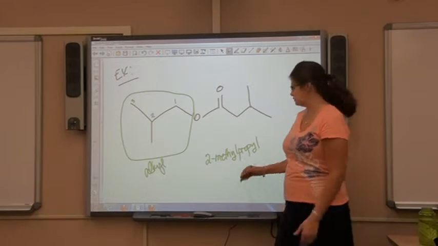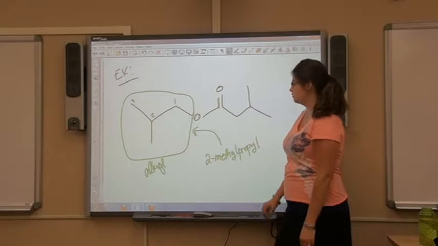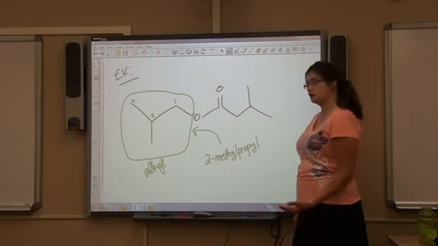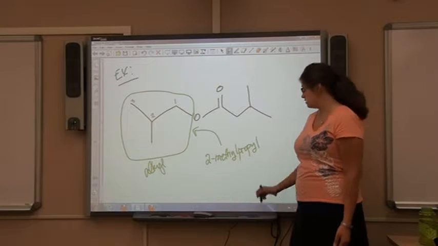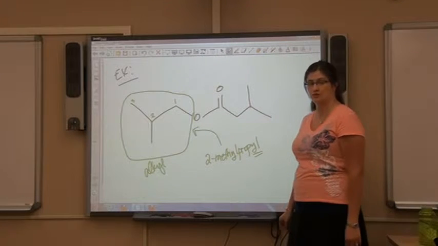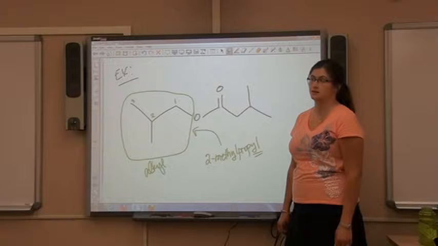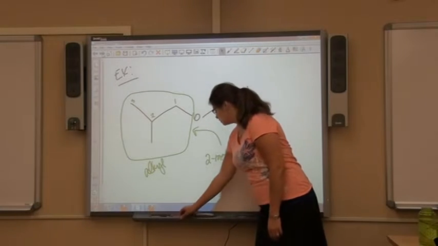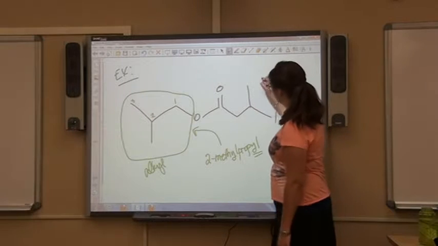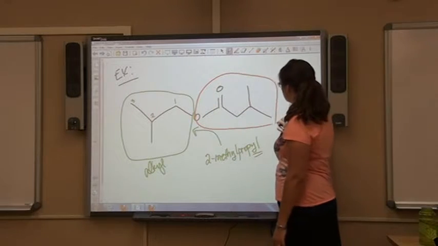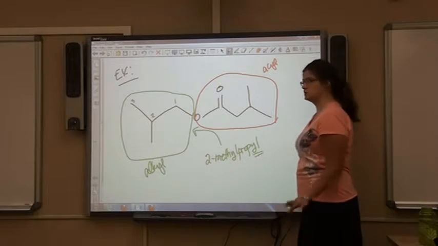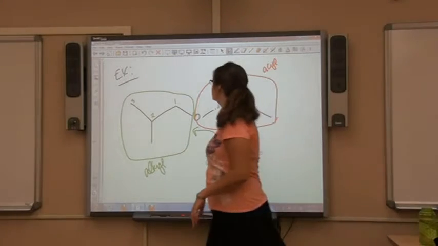And that's what that whole thing in the green box is called. 2-methylpropyl. Not 2-methylpropane, because we have to name this here as a substituent. That's why you have the YL. Alrighty then, your acyl group is this portion right here. We'll talk about naming that in just a bit.